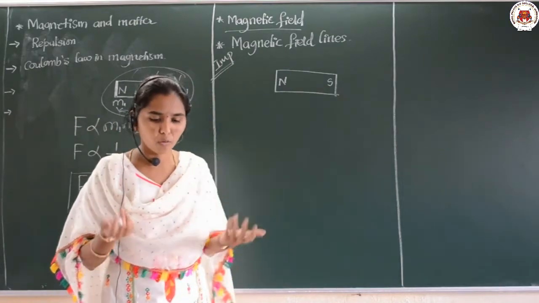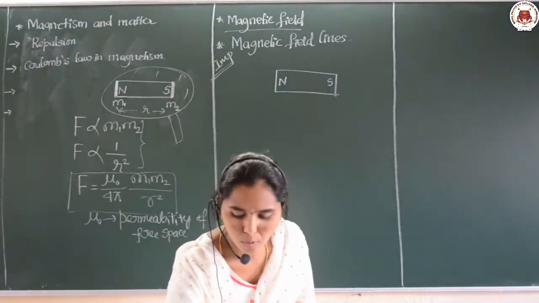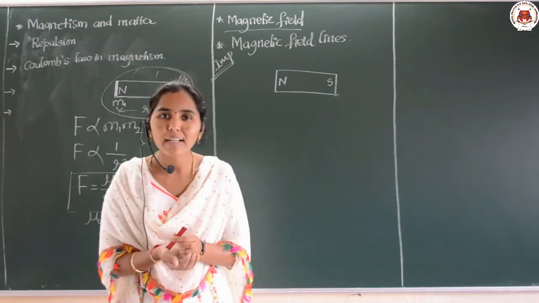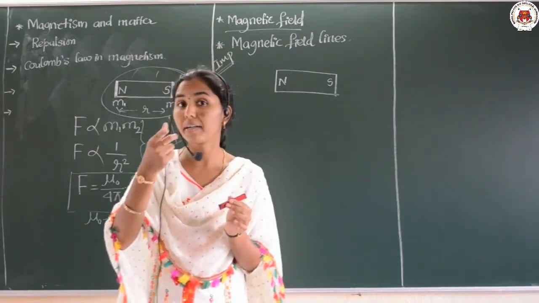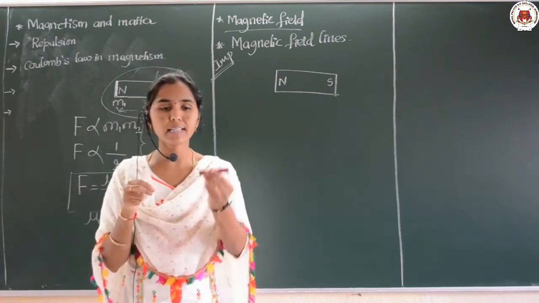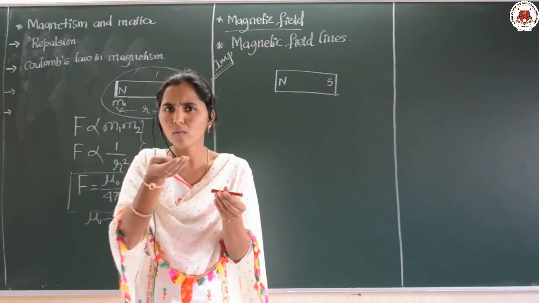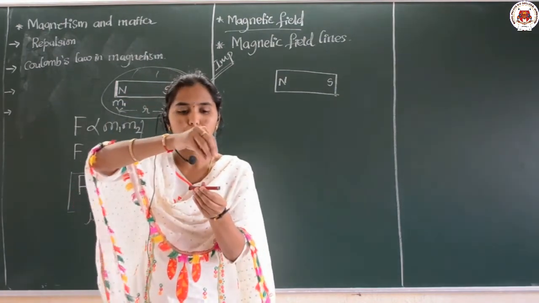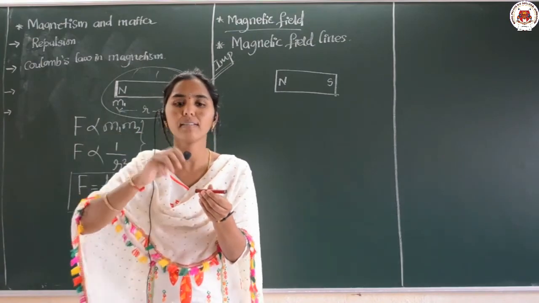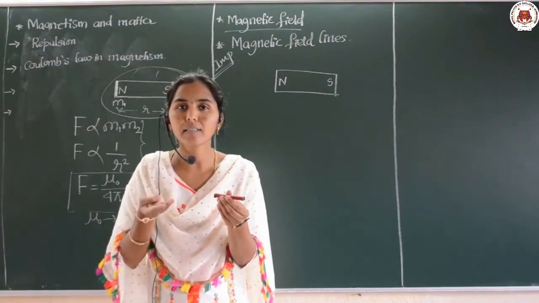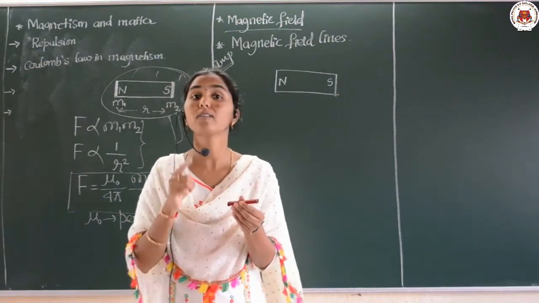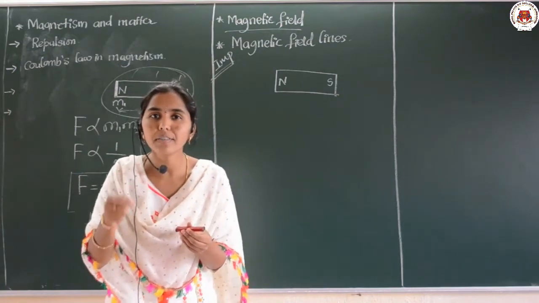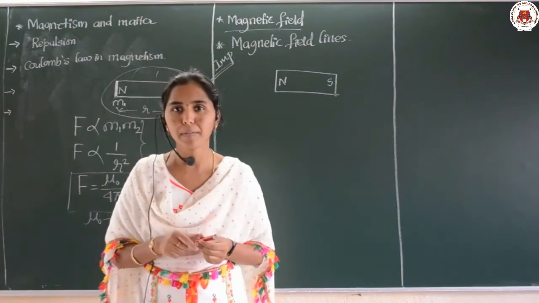If you ask me to show where the lines are, I can't show you. But with the help of iron filings and this bar magnet, if I pour the iron filings and tap the card sheet where I kept the magnet, definitely I can show you how the magnetic fields are present around the given magnet.